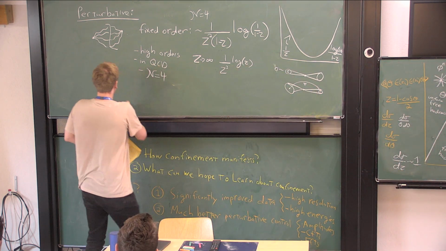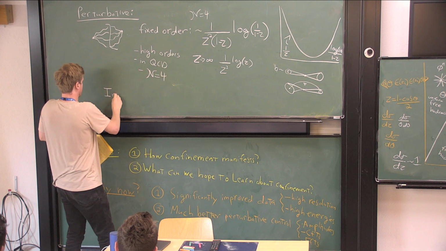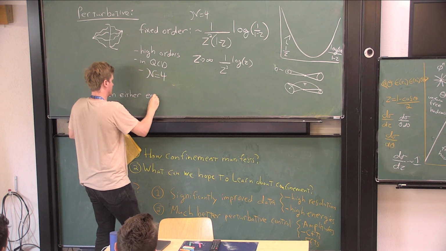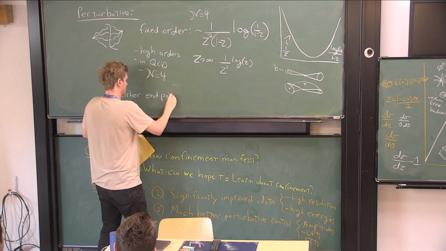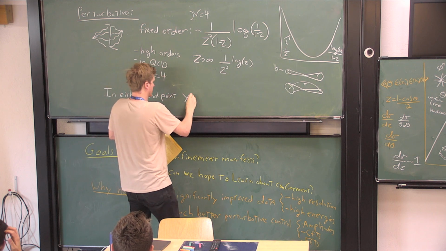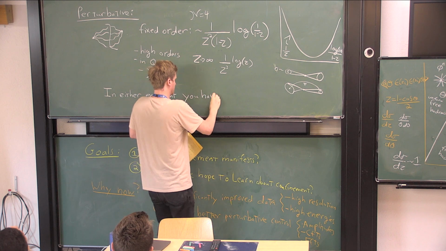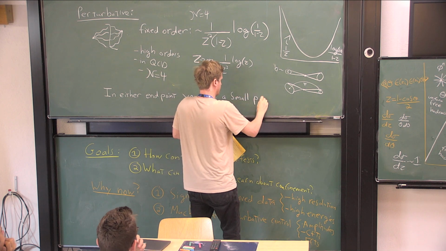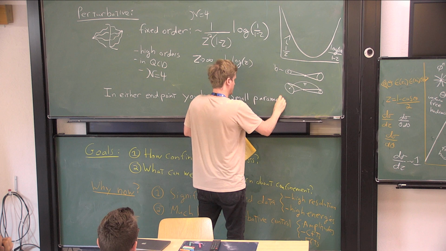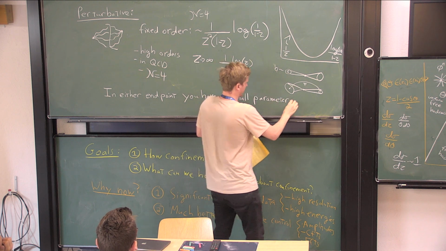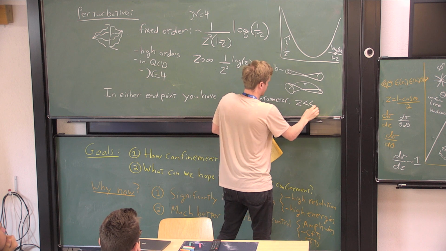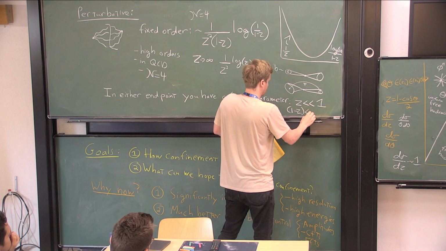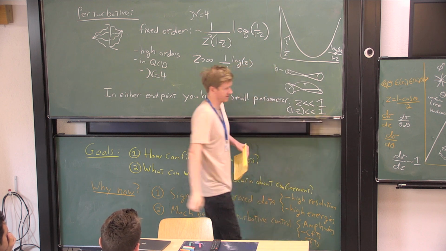So in either endpoint, you have either z much, much less than 1, or 1 minus z much, much less than 1.